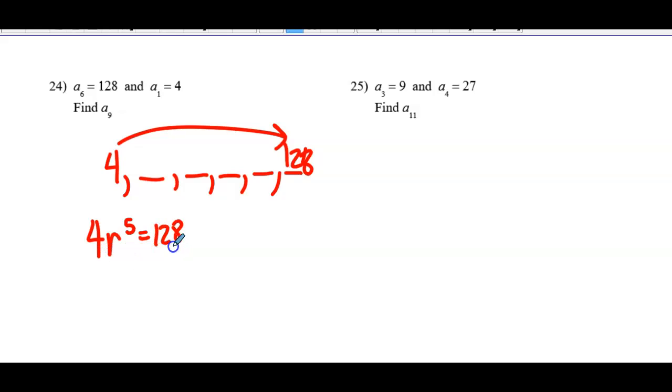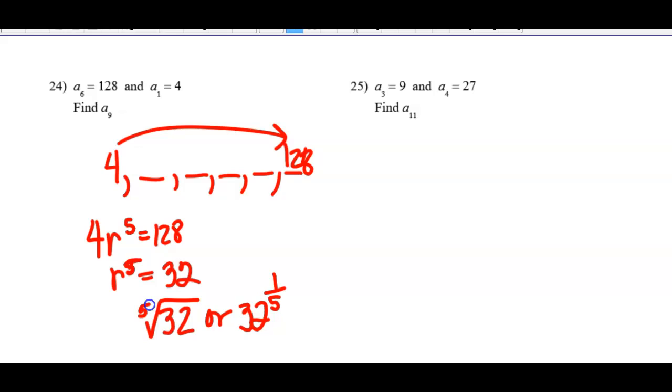So if we divide here, divide by 4, and I get 32. So then I need to do either the 5th root of 32 or 32 to the 1/5 power, and I get 2.